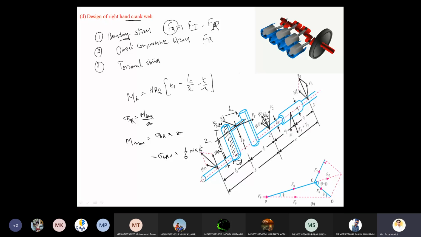Now what is the sigma BR here? The radial bending stress. Okay, and this one is equation number one and this one is equation number two.